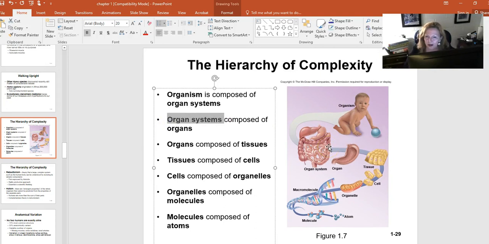You knew that. You're seeing here an example of the digestive system. There's also, in this organism, the nervous system. There's the integument system, which is the skin, right? So there are many different organ systems.